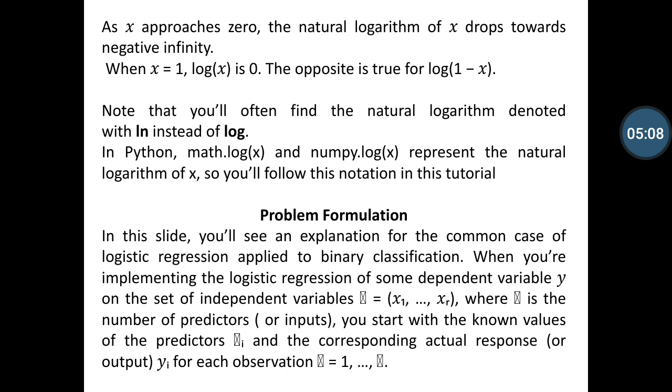You start with the known values of the predictors xi and the corresponding actual responses or outputs yi for each observation i equal to 1 up to n.